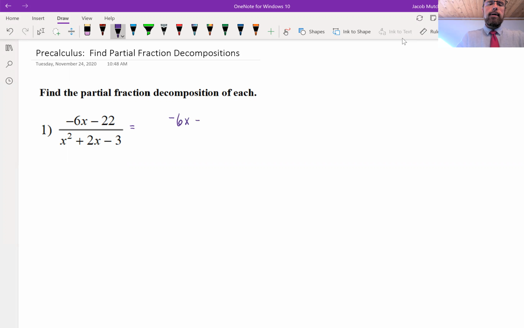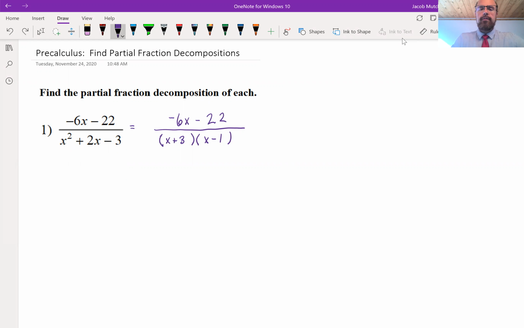It factors as x plus 3 times x minus 1. So we're trying to multiply to negative 3. 3 times negative 1 does that, and add up to positive 2. 3 plus negative 1 is positive 2. So that checks out for us.